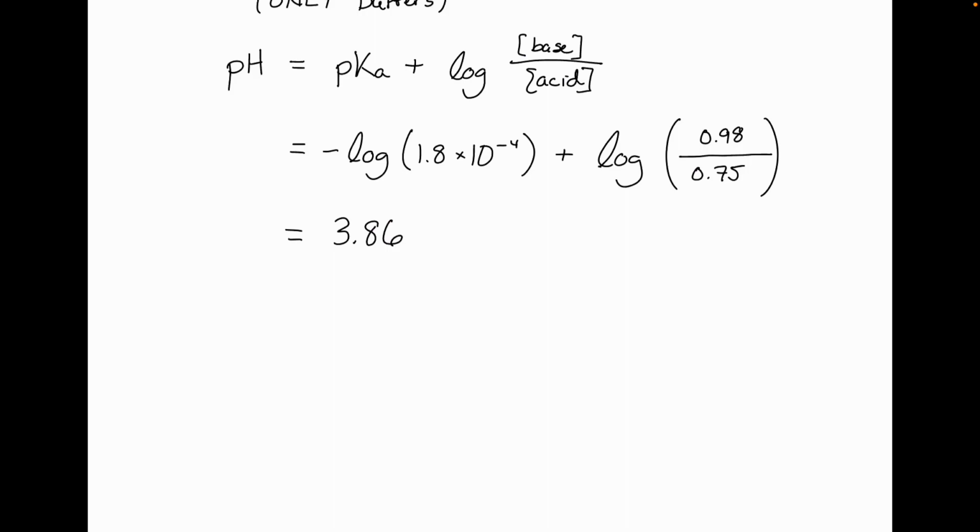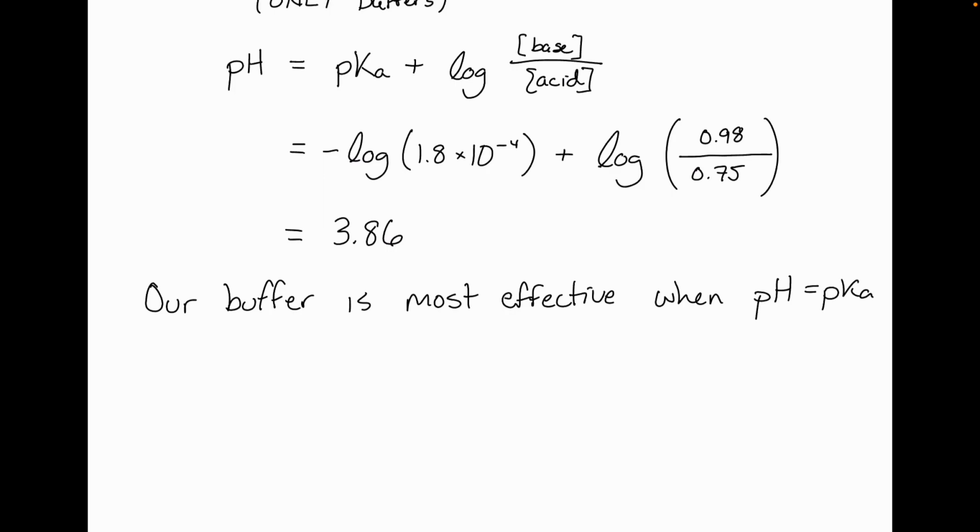All right, now we said our buffer is most effective when the pH equals the pKa. What is that ratio of conjugate base to acid when it's most effective?